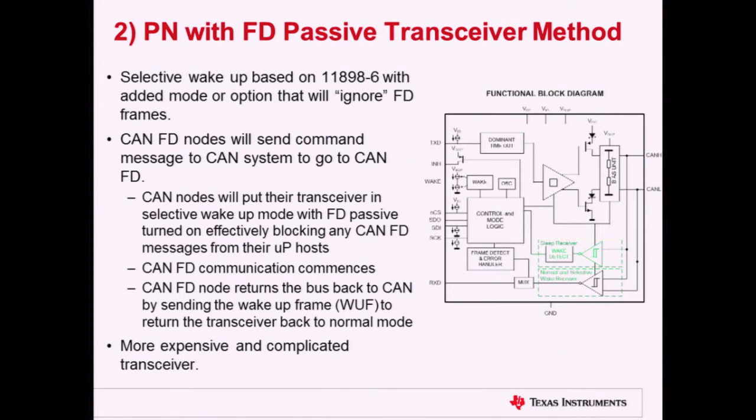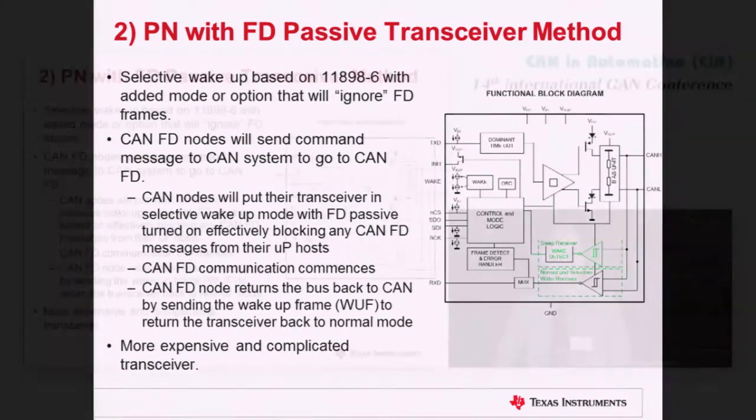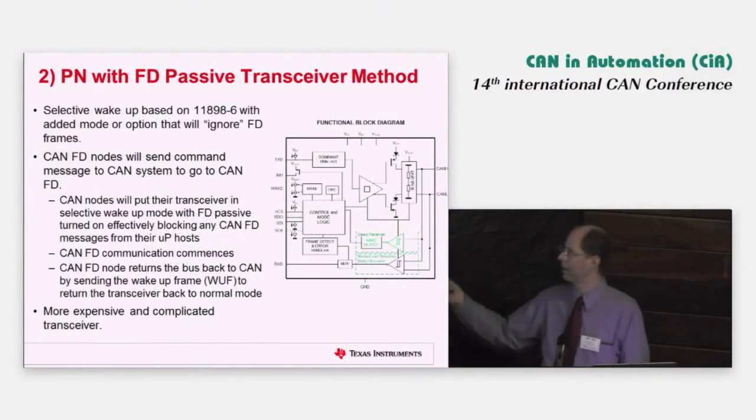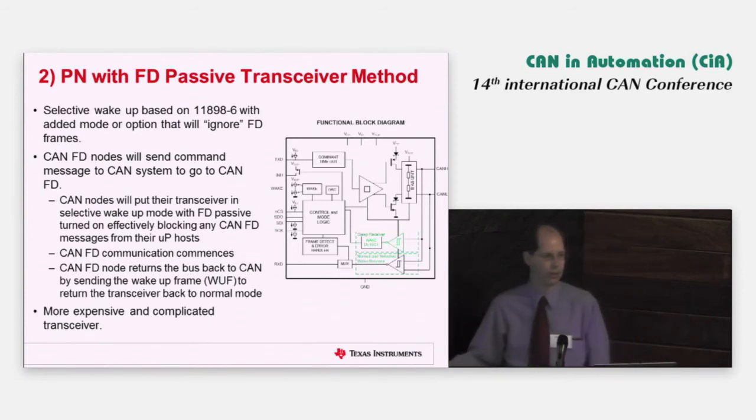And thus, once the software has sent a command out to all the nodes, put yourself into selective wake-up. Effectively, if these are set up to ignore the FD frames, you can block any FD traffic from going through the transceiver, out the receive path into a CAN-only node.